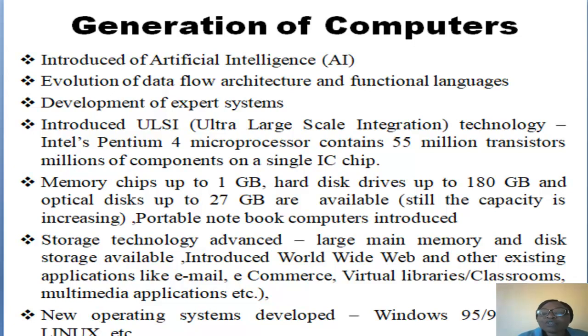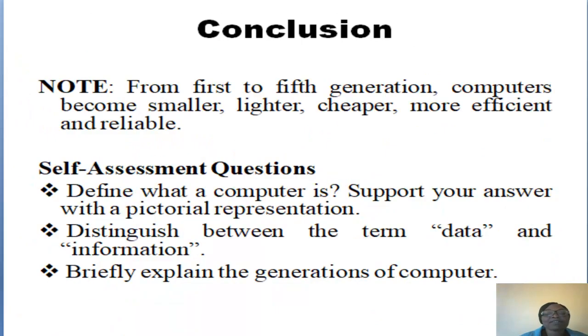And there are virtual libraries, classrooms, multimedia applications and all that, even the one we are using now. There are new operating systems in this fifth generation. We have Windows 95, 98, Linux and all that. So you can see that the technology is seriously advancing.